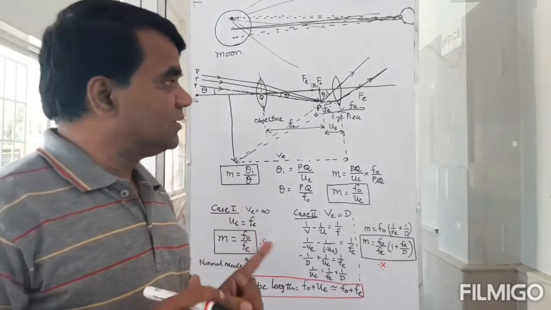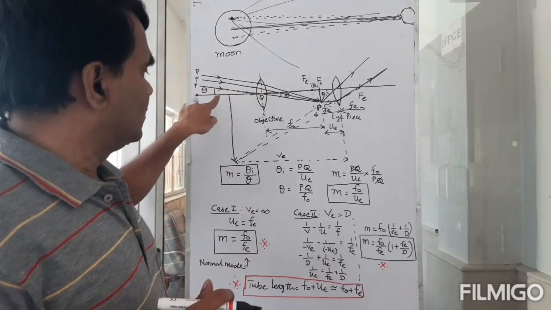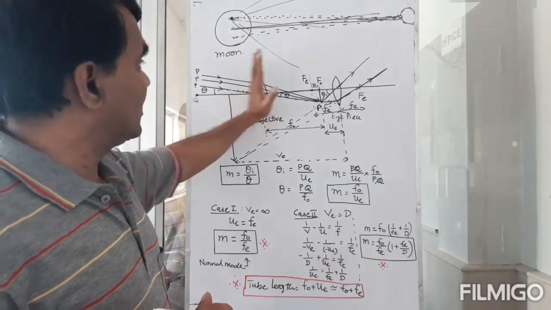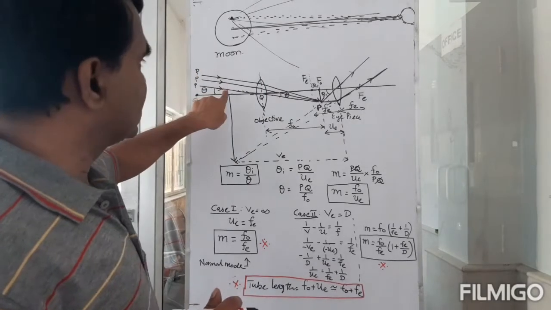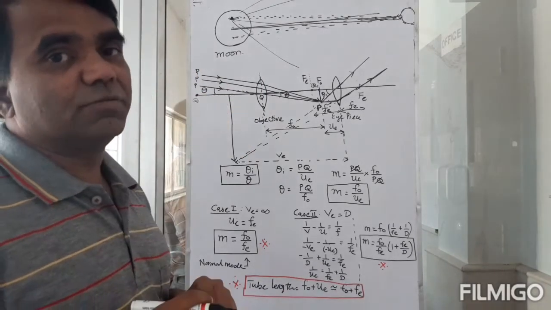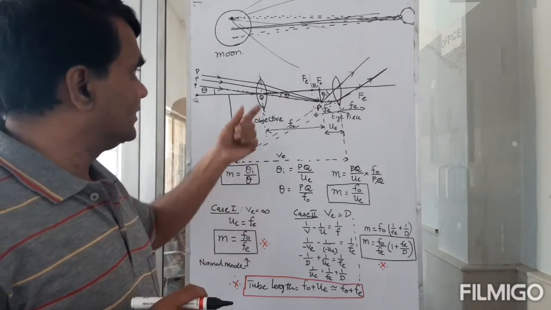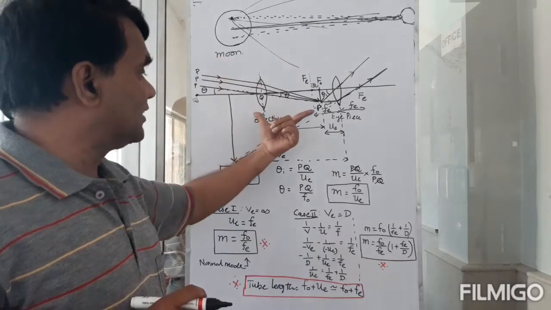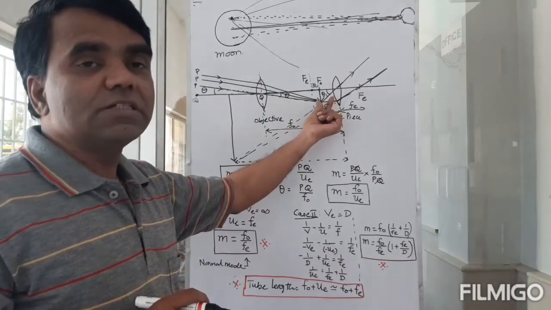So I want you to understand this. The point to note here is, this is the visual angle without the instrument. Because if I don't have this instrument and if I use my eye to see the object, this is the angle it will make. That's the point you should remember. And second point that you have to remember is that the focal length of the objective would be big and the focal length of the eyepiece would be small.